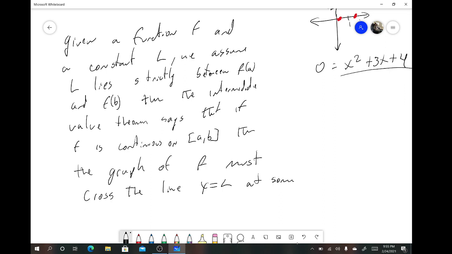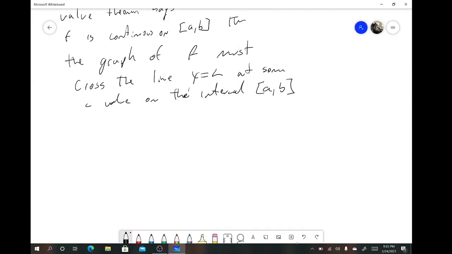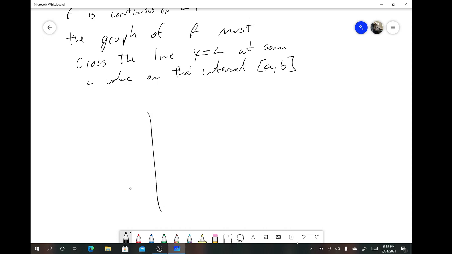At some, let's call it c value, on the interval [a, b]. So let me just draw a picture of what I'm saying here so you have an idea.